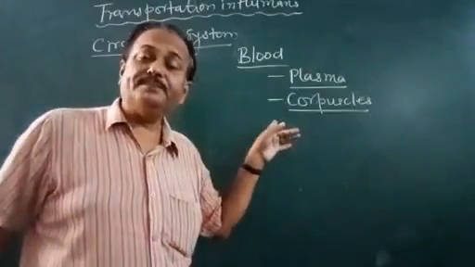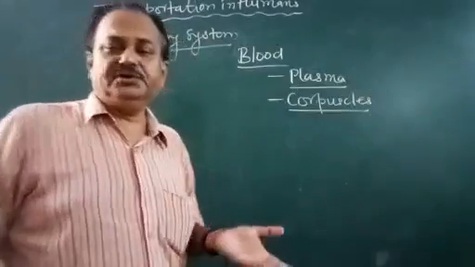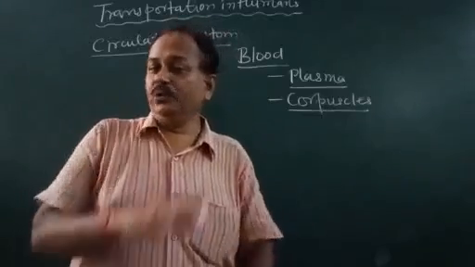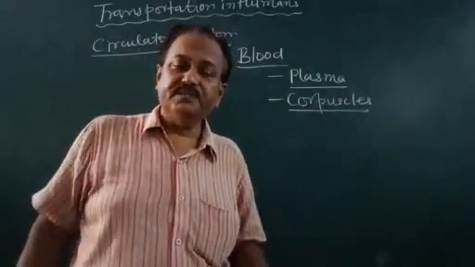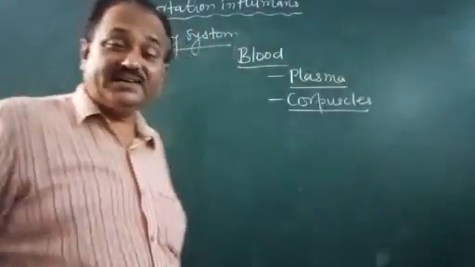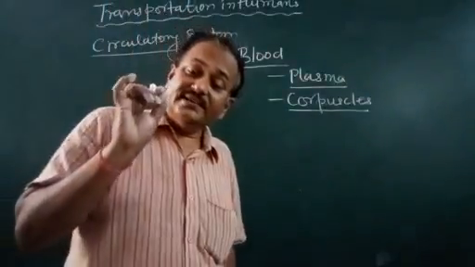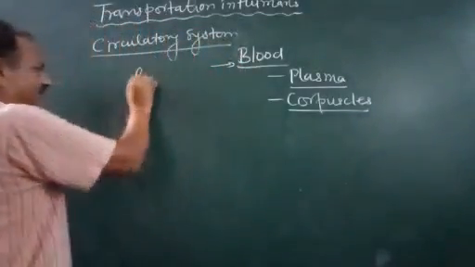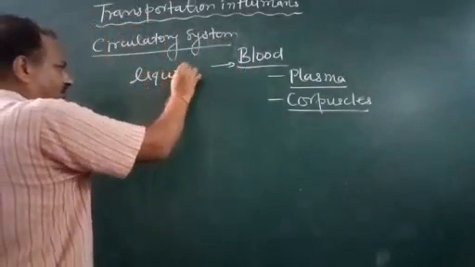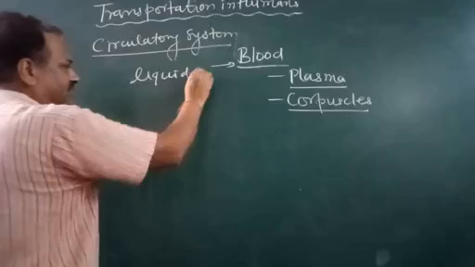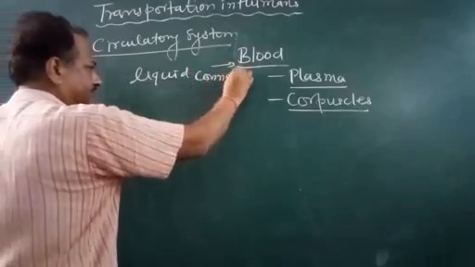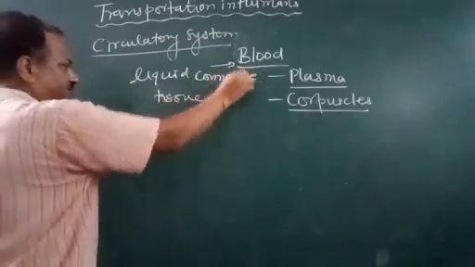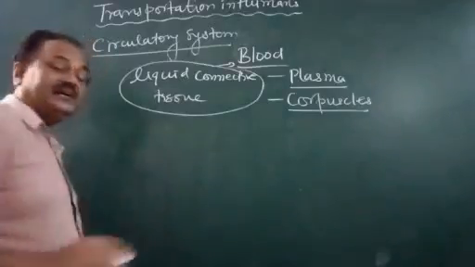Next very important part, blood. Everybody knows blood. Blood is a red colored liquid which flows in our body. It carries oxygen. Technically, we call blood a liquid connective tissue.